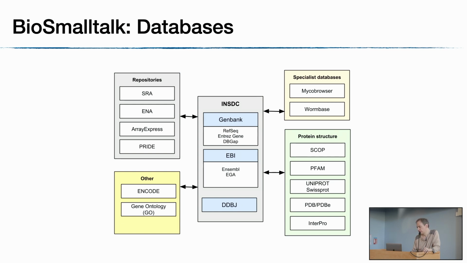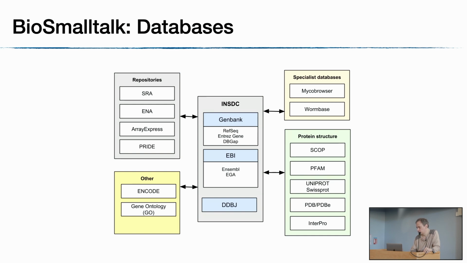And this is organized globally in 3 data centers. One is GenBank, which is located in the United States, and the ENA, which is here in Europe and the United Kingdom. The DDBJ is from Japan. So these are synchronized every day, and they contain trillions of nucleotides.